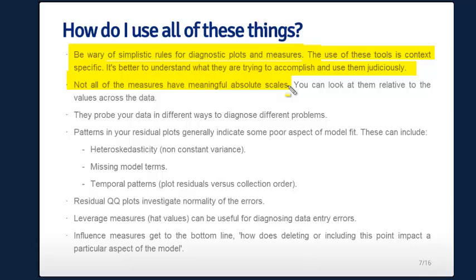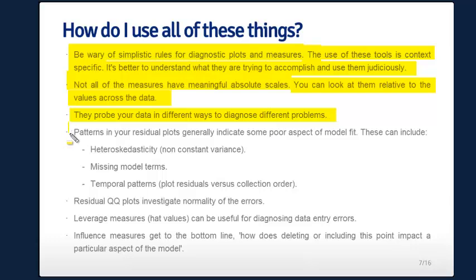So you might want to compare certain measures of outlierness or influence across different data points, but you don't want to compare them across data sets. What they do is, each in turn, probe your data in different ways to diagnose problems. Think of yourself as a data doctor trying to diagnose something, so you have all these different probes and tools that you're using. That's what these little diagnostics are for. That's why they call them diagnostics.